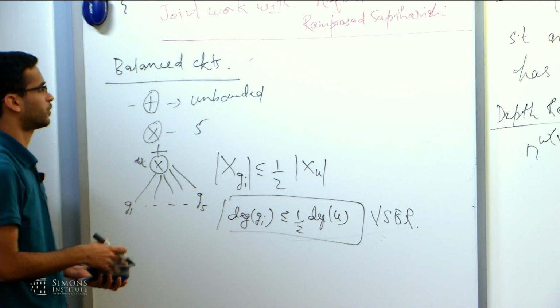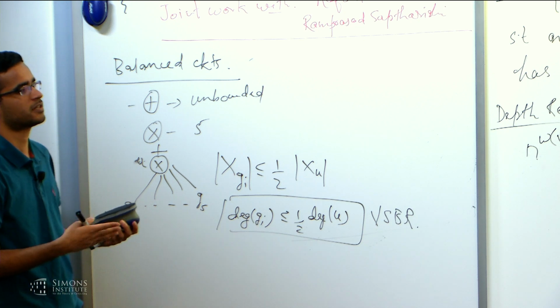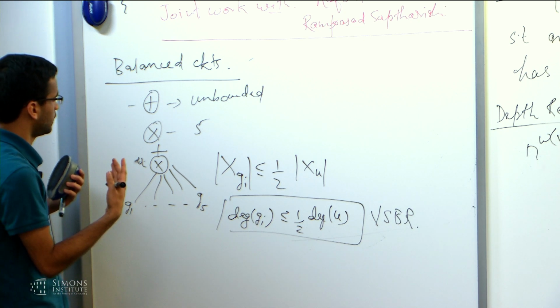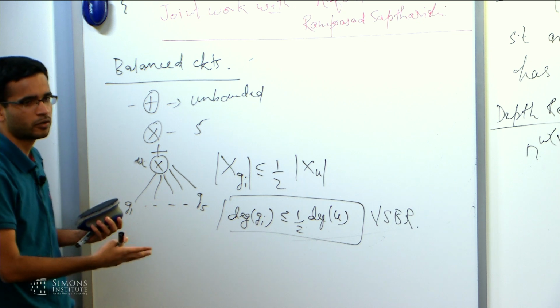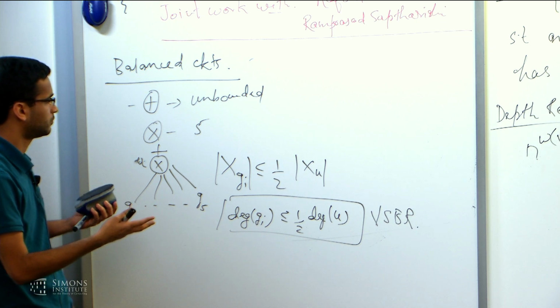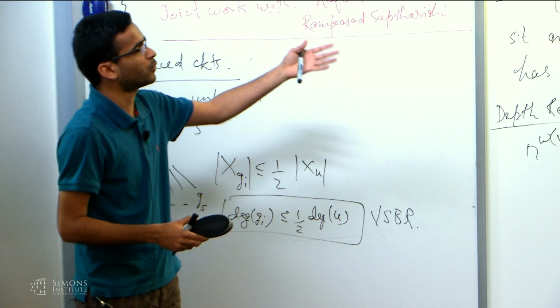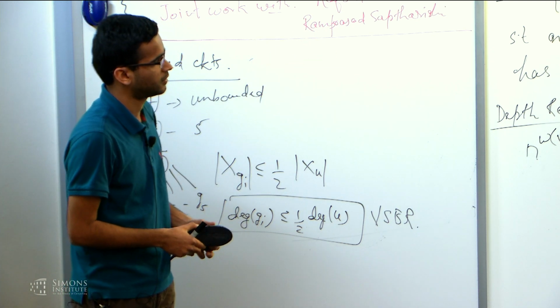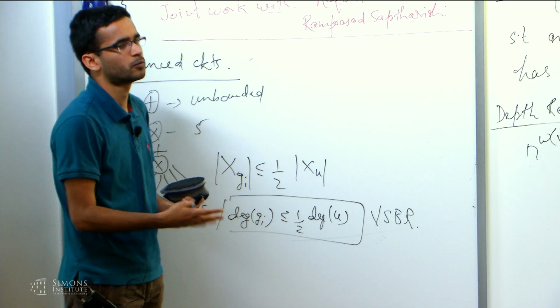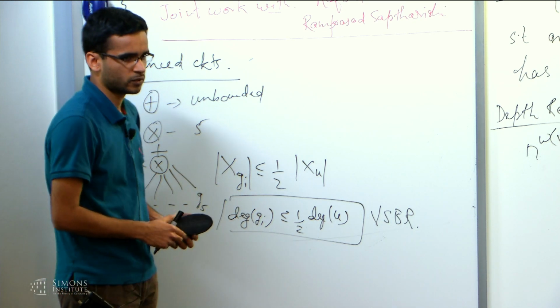So in some sense you could think of it as the potential function that we are working with changing from the degree of a polynomial, the degree of a gate, to the number of variables in it. And if you want to work with circuits with bounded individual degree, which was the other statement I mentioned, then you have to change it appropriately, and then things work out.